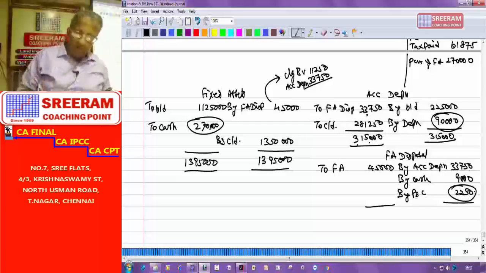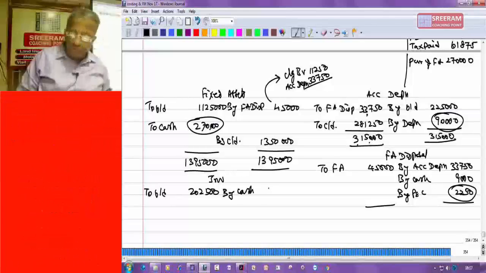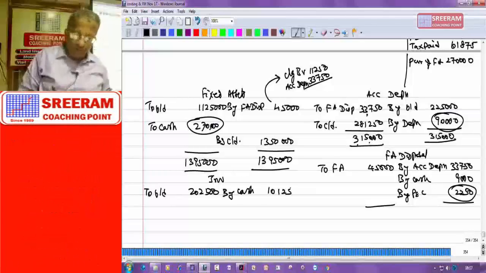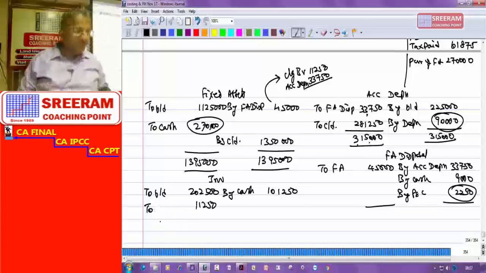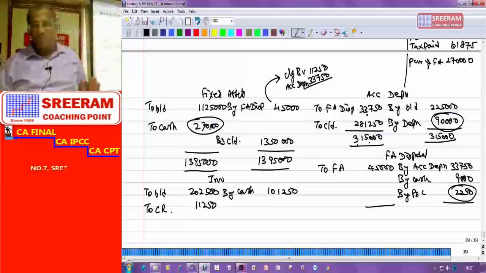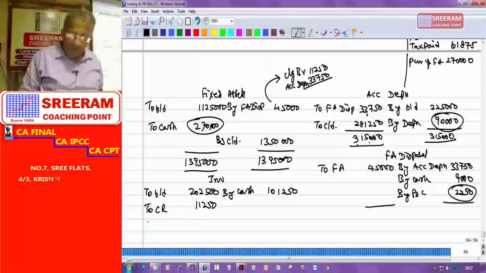Then investments account, to balance brought down 202,500, by cash 101,250, to profit 11,250. This is what we call a capital reserve, not profit exactly. Profit is the correct term, but they have taken this to capital reserve. Then to purchases 90,000.